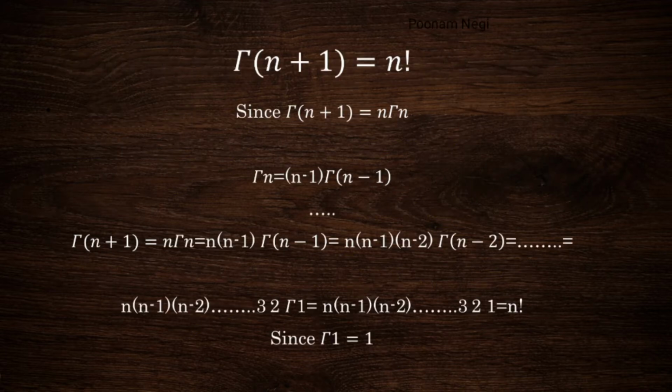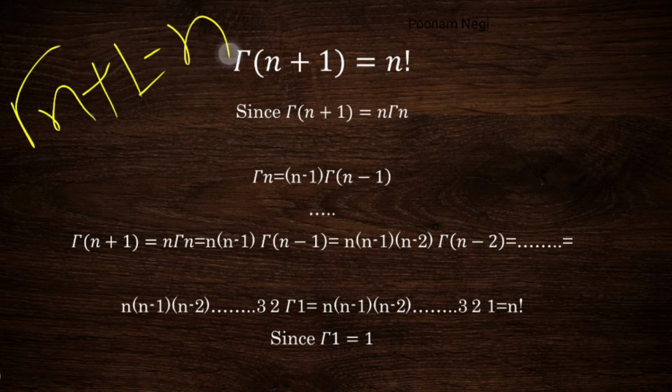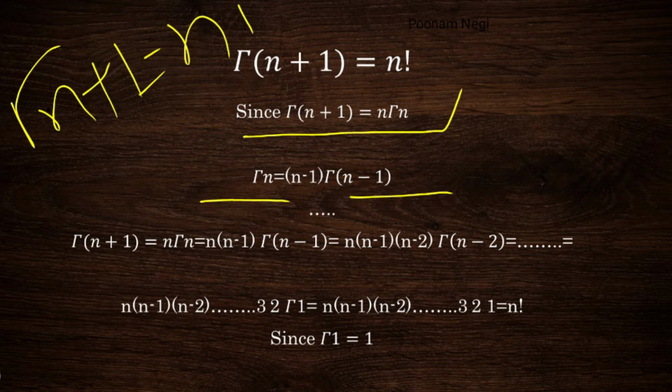Now, let's prove the first property of the gamma function, which is gamma n plus 1 equals n factorial. Since we have gamma n plus 1 equals n gamma n, that means gamma n equals n minus 1 gamma n minus 1, and so on. It means gamma n plus 1 equals n gamma n, which equals n into n minus 1 gamma n minus 1, which is equivalent to n into n minus 1 into n minus 2 gamma n minus 2, and so on.